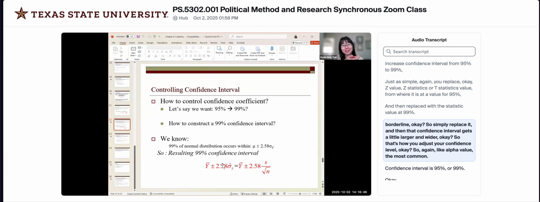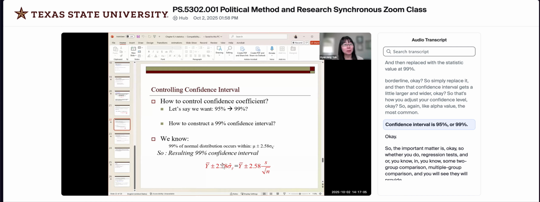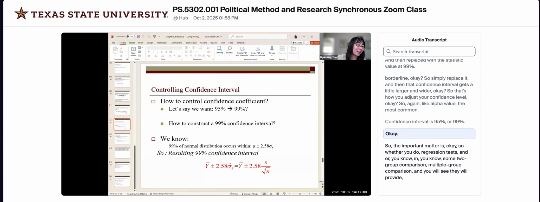Okay, so simply replace it, and then the confidence interval gets a little larger and wider. Okay, so that's how you adjust your confidence level. Okay, so again, like alpha value, the most common confidence interval is 95% or 99%.